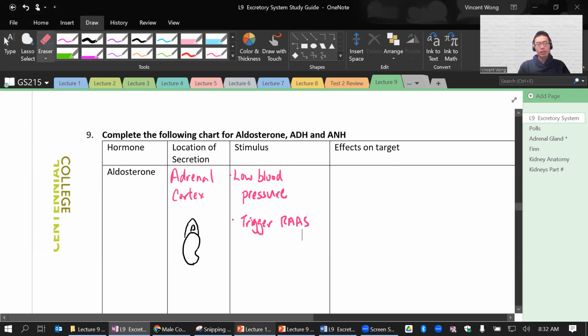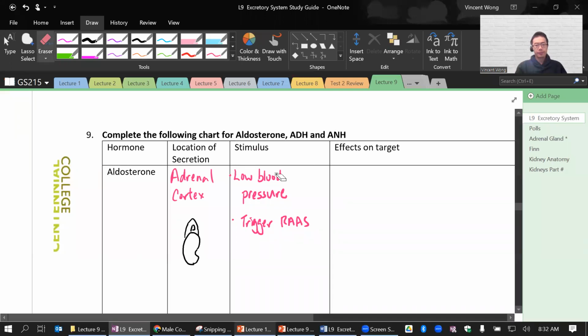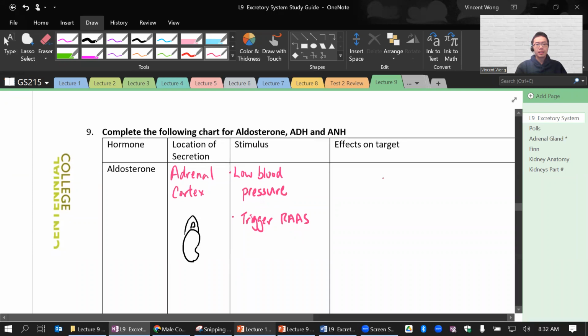And aldosterone is the end result of turning on the RAS, right? But it all started with low blood pressure, which can be caused by dehydration. It could be caused by blood loss, for example, right?